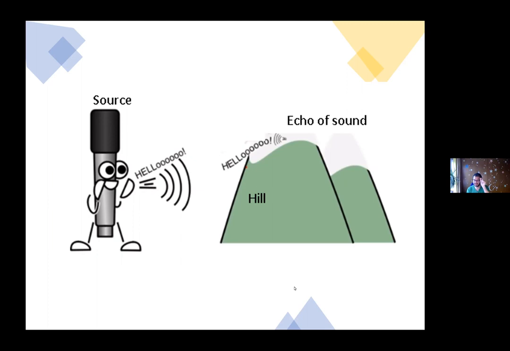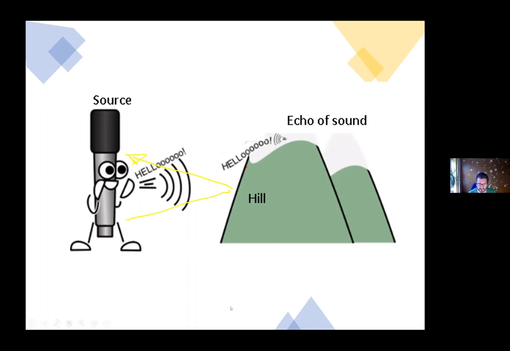Of course, in an ideal case, what you would like to have is a machine that produces one particular sound that you can really recognize, send it to the hill in this case, and then the sound comes back. If you cannot see because the color is bad, I'll change it.